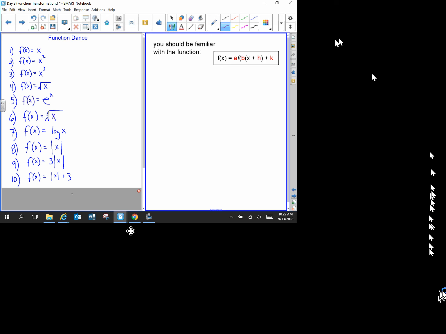Basic functions. If we have anything in our basic functions right here, we have f of x equals a. A is considered our vertical stretch or compression.